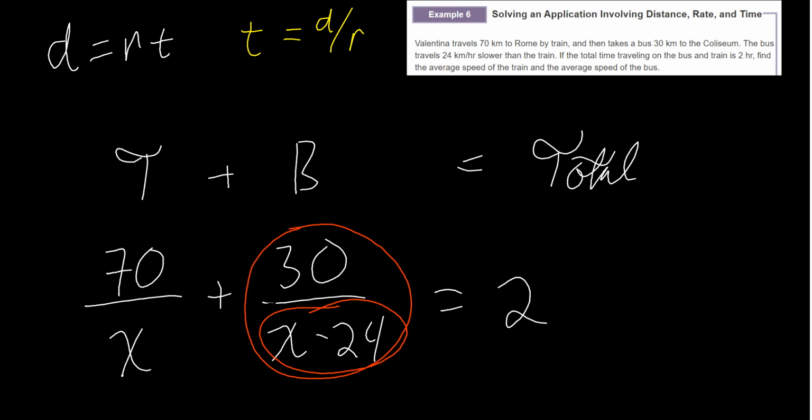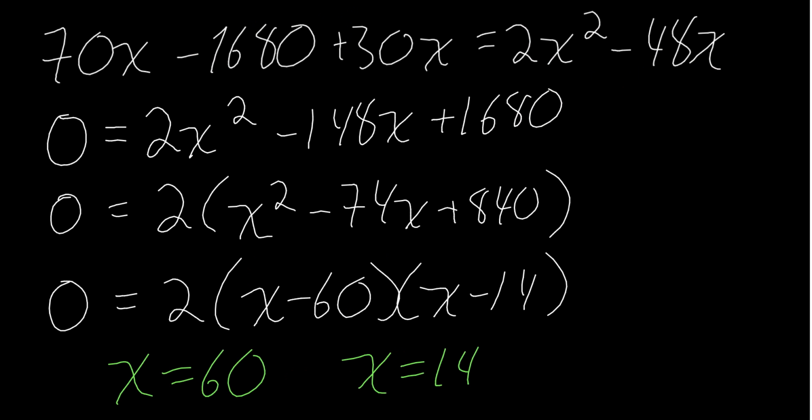Well, when we talk about speeds, we don't want to say negative 10 miles per hour. So if that's the case, then my solution here is just going to be x equals 60, because I'm not traveling at a negative speed on the bus. So hopefully that made sense.